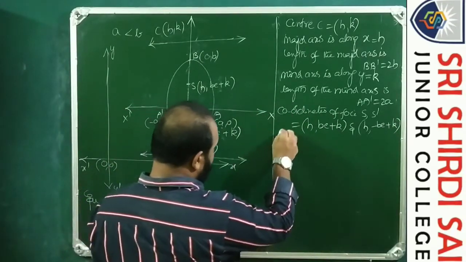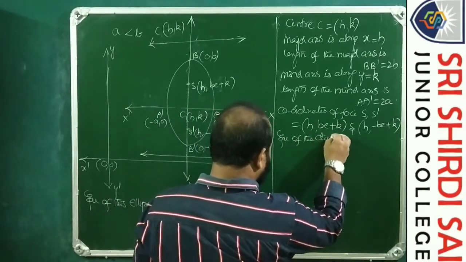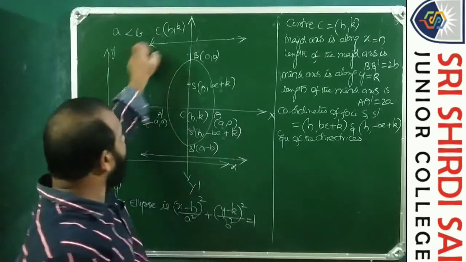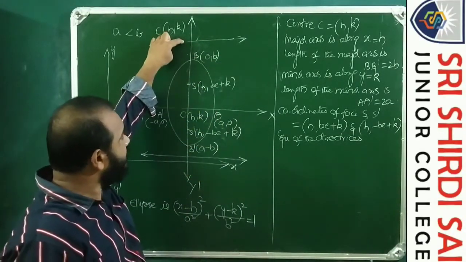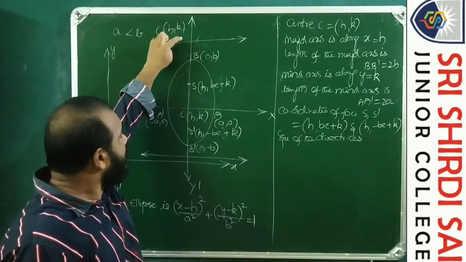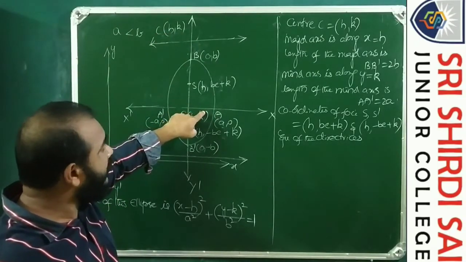Now the equation of the directrices. For the ellipse whose center is at the origin, the directrices are parallel to the x-axis, of the form y equals something.